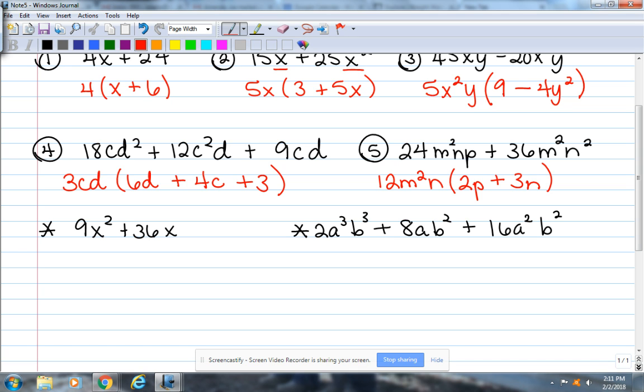Yep, 4 times. Well, the only thing that goes into 9 is 1, 3, and 9. 4 and 1 don't go evenly into 9. 4 plus 4 plus 1 is 9.